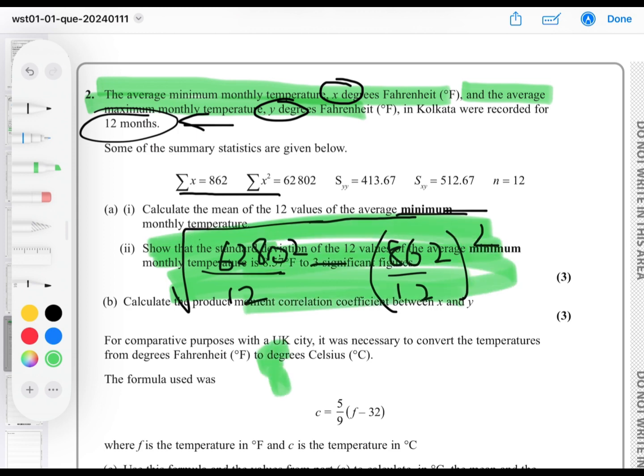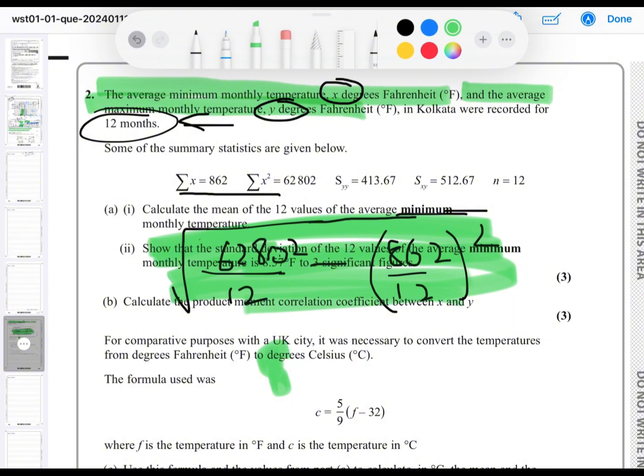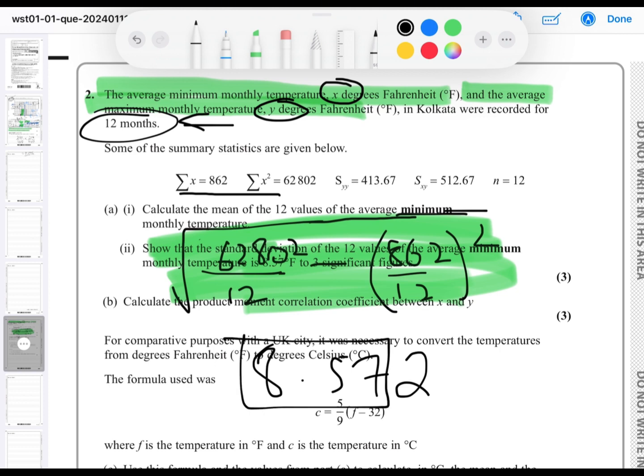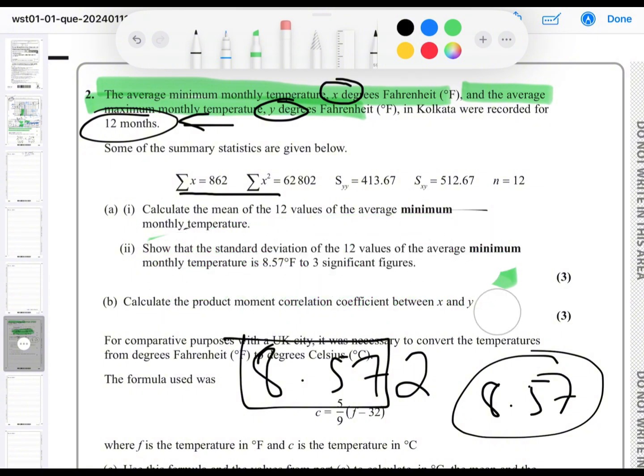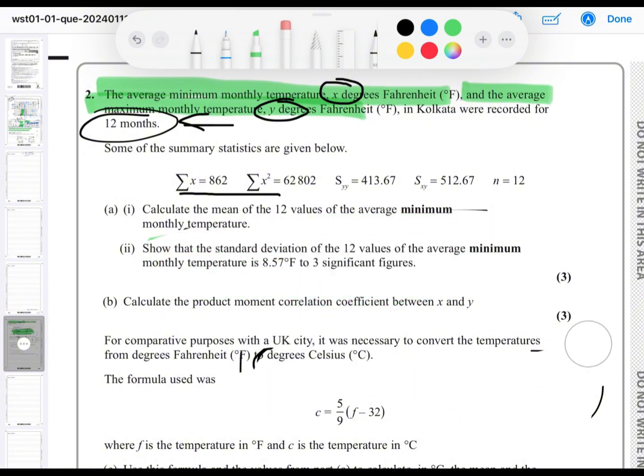I got 8.572. They asked for three significant numbers, so we will pick this one. So 8.57 is the answer. This one was also pretty straightforward, I just put the values in the formula and got the answer.